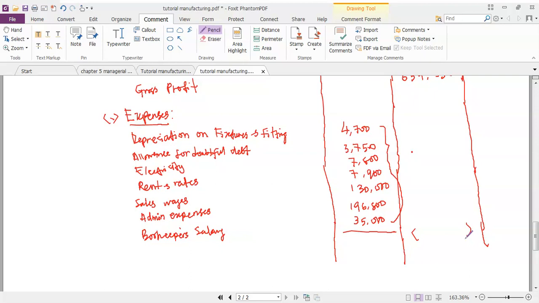Okay, berapa banyak? Berapa you calculate? Okay, 385,750, correct?